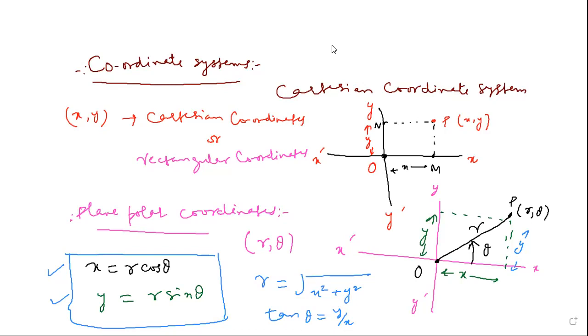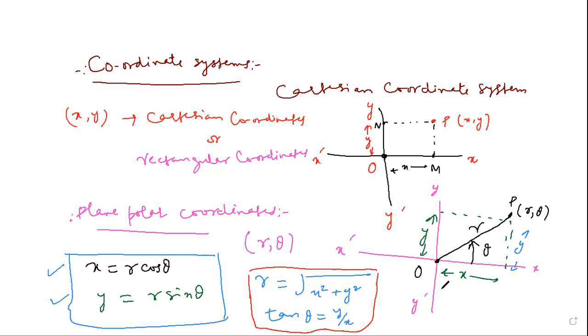Now these two relations can be used to find the plane polar coordinates of a point, that is r and theta, knowing its rectangular coordinates x and y.